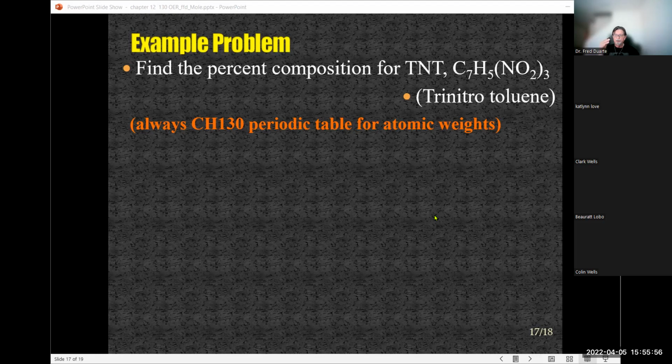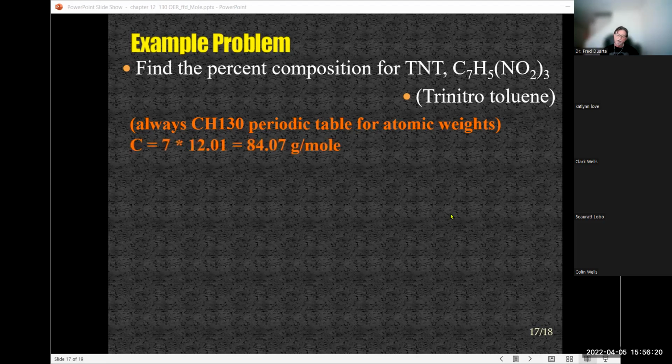If you're off by 0.2 or 0.3, it has to be exactly what Canvas understands. So if you ever have a problem with any of the questions and you know the answer is right, let me know, because even if you add a space, Canvas counts it wrong. Okay. Anyway, do use the periodic table from Chem 130.